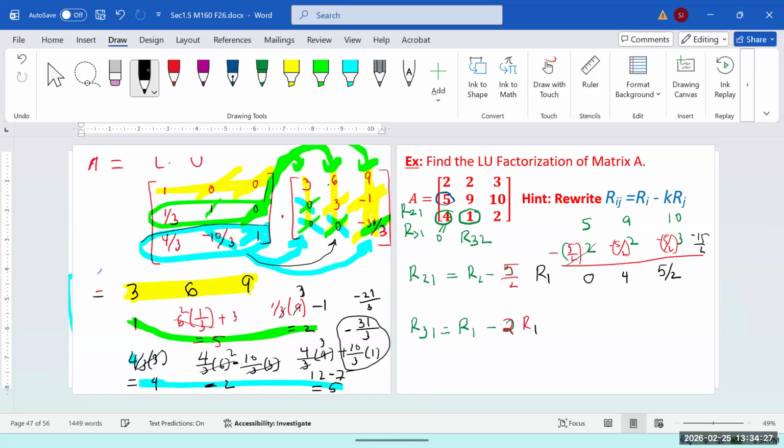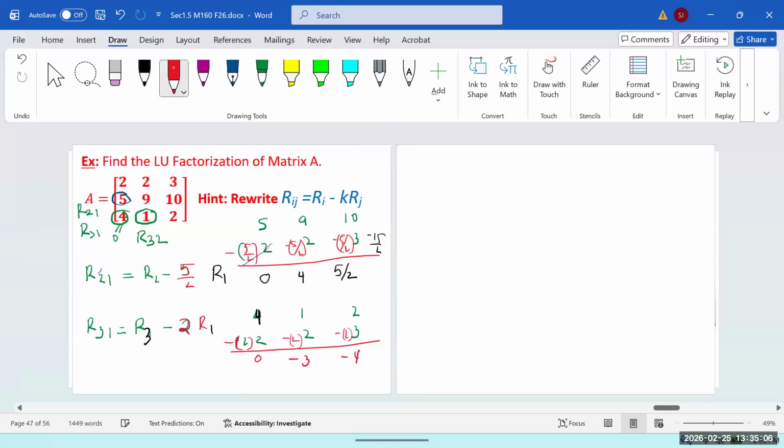Row 3 is 4, 1, and 2. And row 1 is 2, 2, 3. You multiplied by -2. So what do you get? I got 0, -3, and -4.